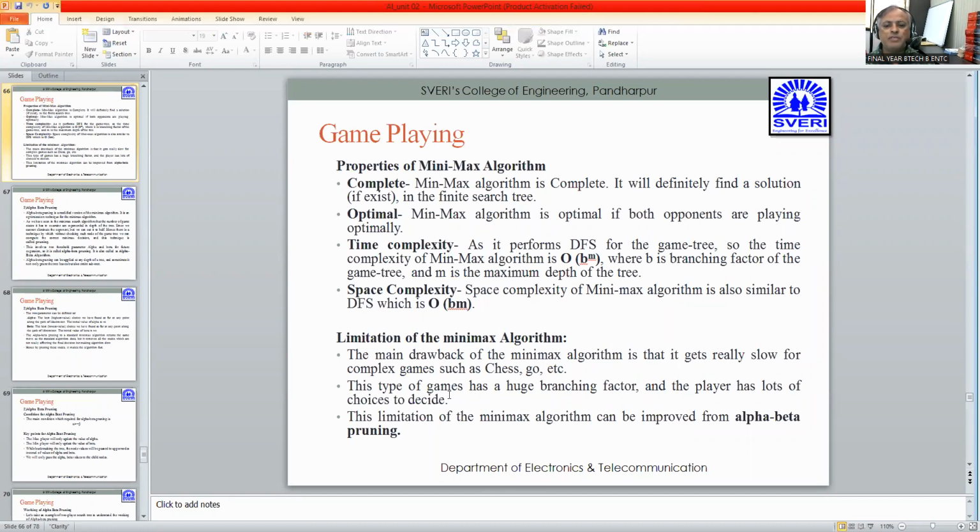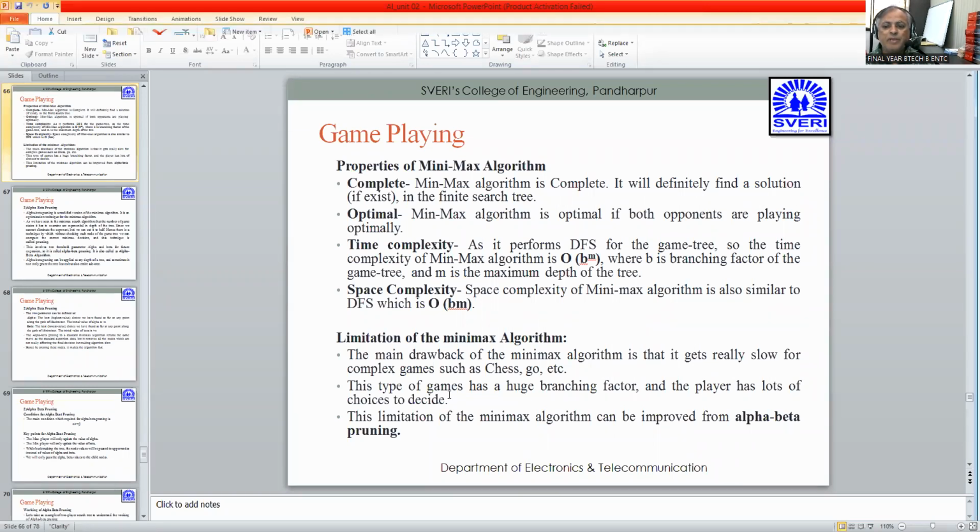These types of games have a huge branching factor, which is b, and the player has lots of choices to decide. So obviously the choices of the game increase, because it has a huge branching factor, and hence there are many choices.